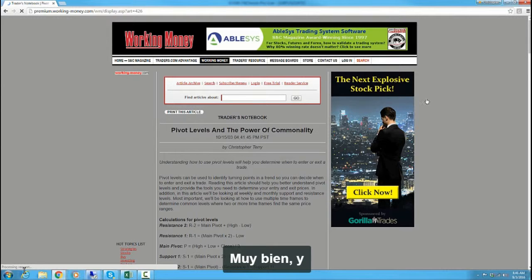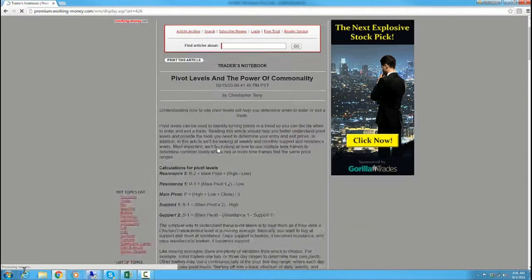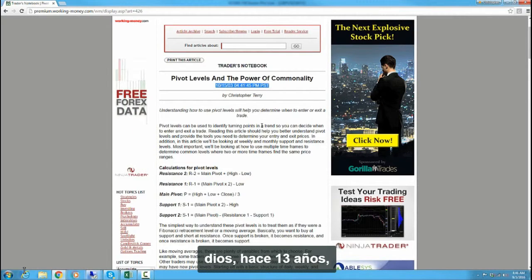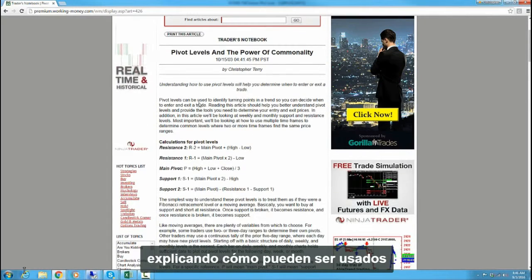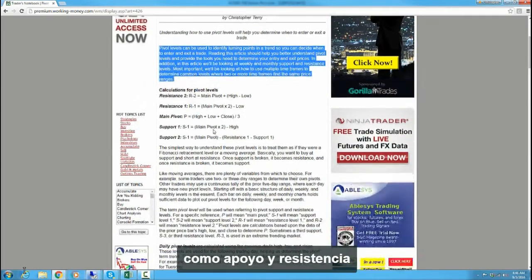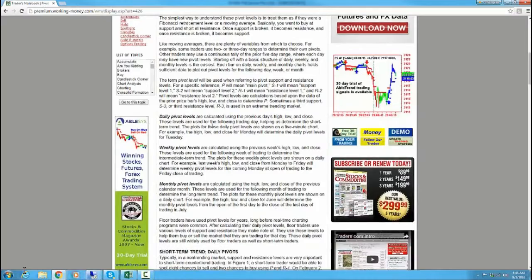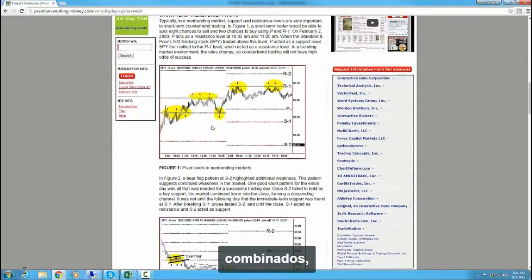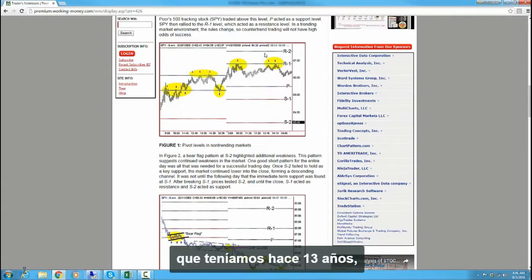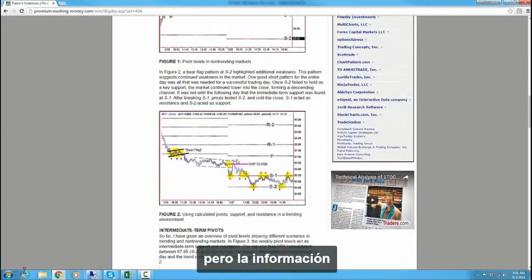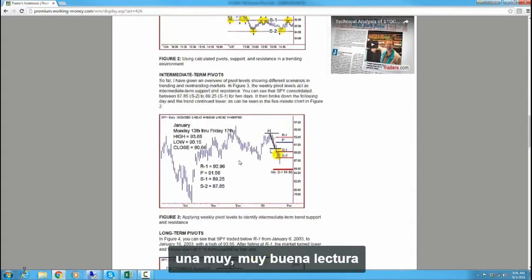All right. And it was an article I had written 13 years ago about pivot levels, explaining how they can be used as support and resistance, and how to use them combined with each other. Now the platform that we had 13 years ago wasn't as fancy as we have these days, but the information is a very good read.